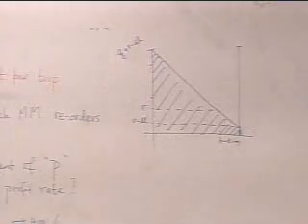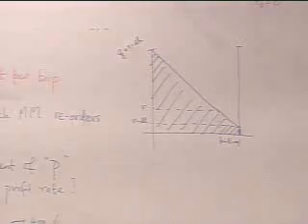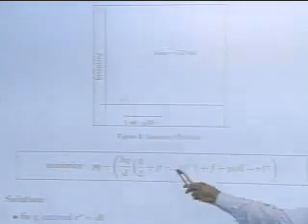The only issue is that if R is less than DL, then I don't pay inventory cost over this negative interval. So I have to handle those two different cases. One way of handling different cases is by using this expression of R minus DL, positive part. That immediately takes care of what happens when R is greater than DL and when R is less than DL.